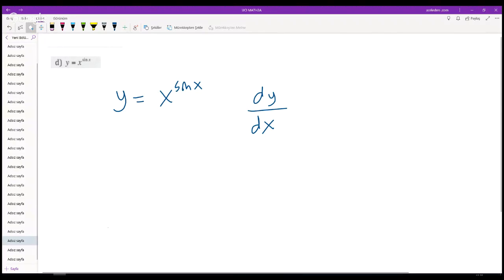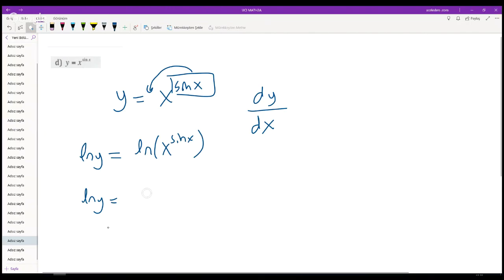So we have y equals x to the power sine x. Therefore, I need this sine x not in the power, but in the base. So I take the natural logarithm of both sides. ln y equals ln x to the power sine x, so ln y equals sine x times ln x.